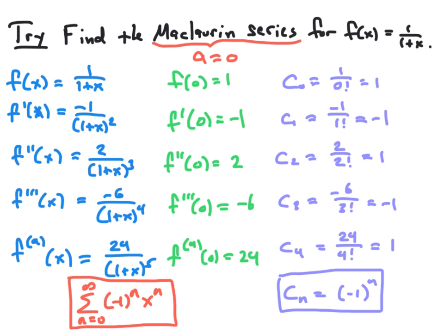The obvious pattern here is that whenever we have an even index, we get a positive 1, and every odd indexed value is going to be negative 1. And so we can find a formula for c sub n, which is given by negative 1 to the nth power. We can then substitute that into our general form for a Maclaurin series, and we obtain the Maclaurin series n equals 0 to infinity of negative 1 to the n times x to the n.